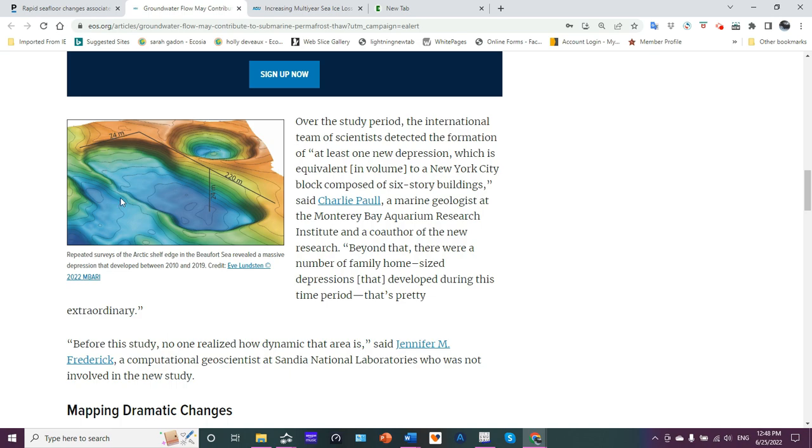Melt enough of the permafrost and you get slumping.